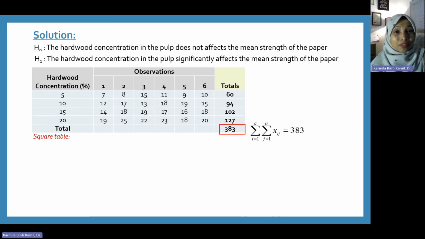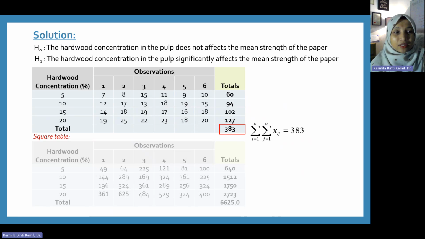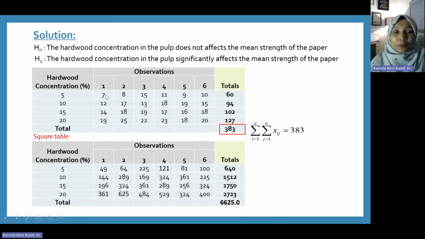Next is the square table, because remember we need to find the summation of xij squared. What we need to do is square each value in the observations that we have here: 7 squared, 8 squared, 15 squared, for all the levels.